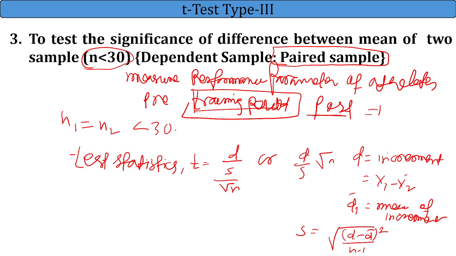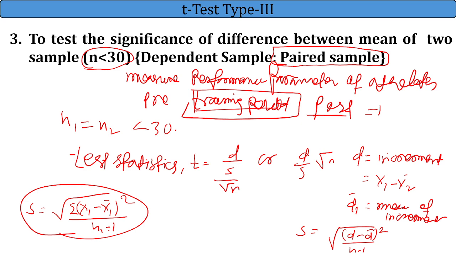Everything is the same. Earlier we had S equal to the summation of (X minus X̄) whole square by n minus 1. Now instead of that, it will become (D minus D̄) whole square by n minus 1. It's a simple one-population test.